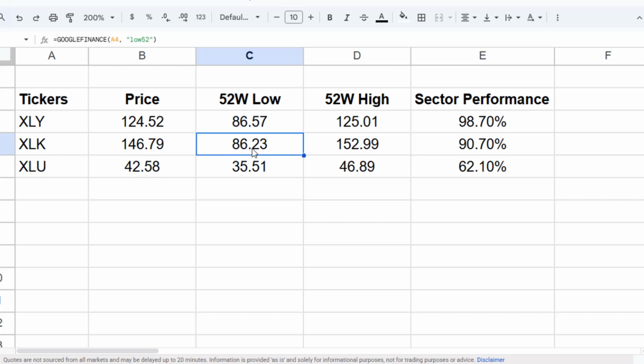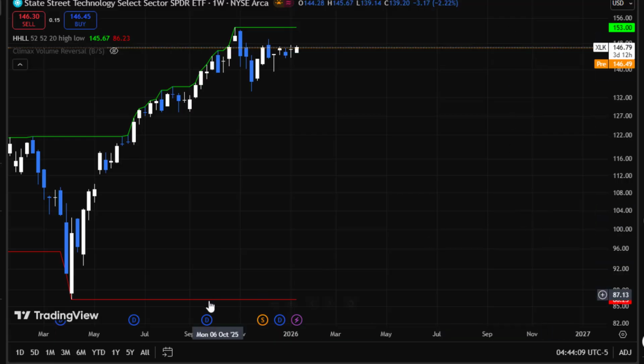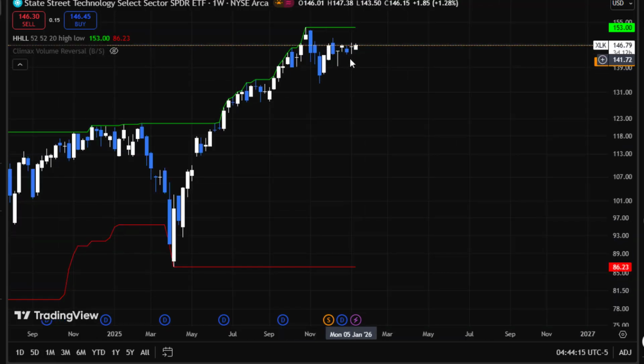And the low should be 86, which matches in here. And we see the technology sector is very close to the top. And we can conclude it's a very strong sector with strong momentum. Very important, this is not a buy signal, this is not timing, this is market structure.